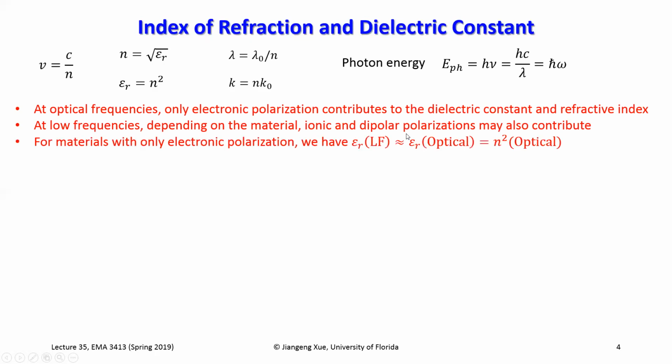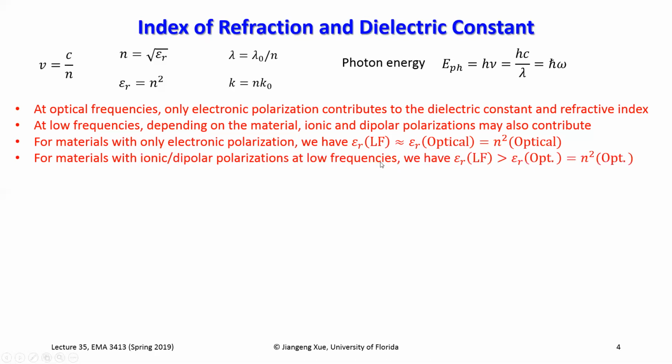So for materials that only have electronic polarization, the dielectric constant at low frequencies will be about the same as the dielectric constant at optical frequencies, which is going to be the square of the index of refraction. However, for materials with either ionic or dipolar polarizations at low frequencies, the low frequency dielectric constant will be greater than the dielectric constant at optical frequencies.